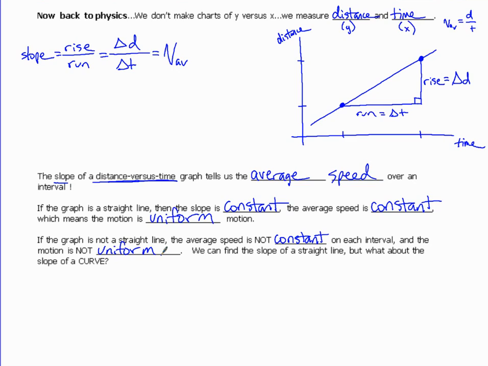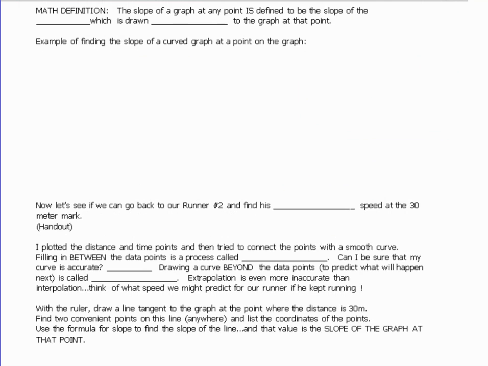We can find the slope of a straight line, but what about the slope of a curve? So let's say we have a graph and it looks something like that.